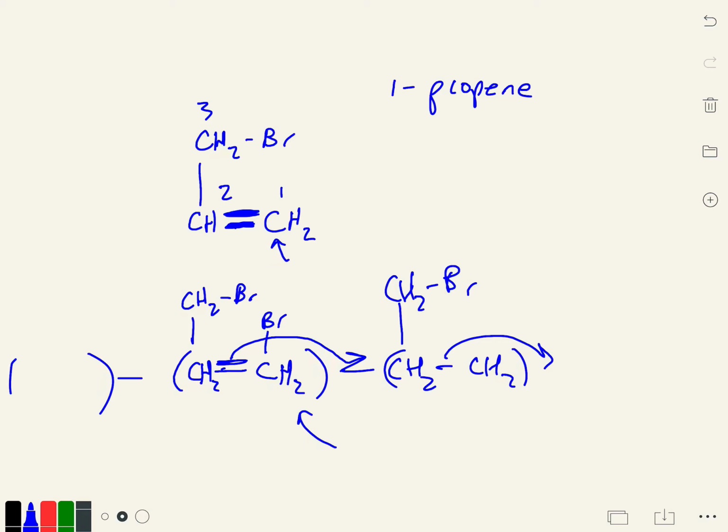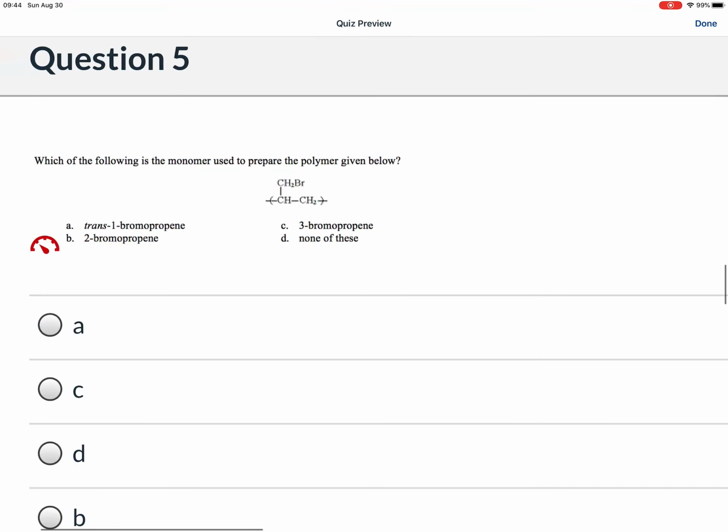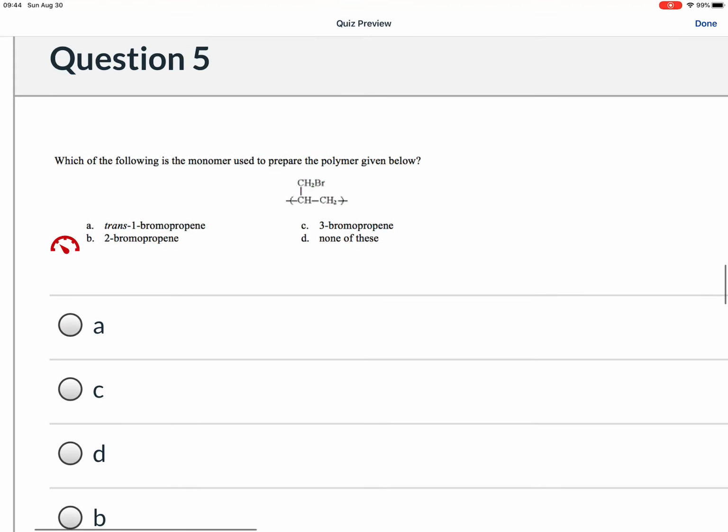That's on the number 3 carbon. So this looks like 3-bromo-1-propene. So let's go back and check what our options are. We've got 3-bromopropene. We've got 2-bromopropene. I guess with propene, we don't really have to say the number 1 because there's only one place to put a propene.